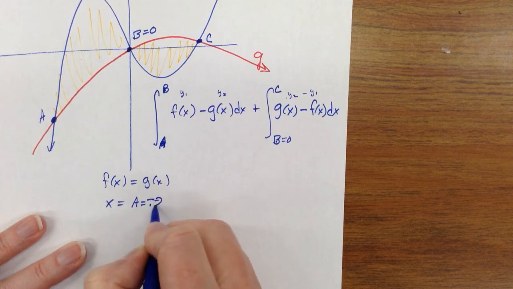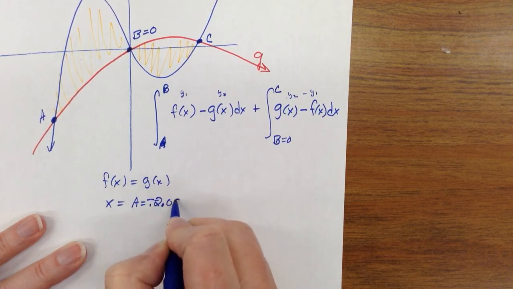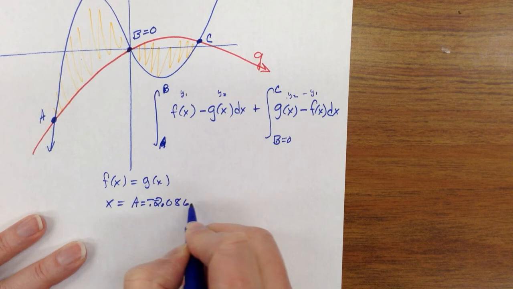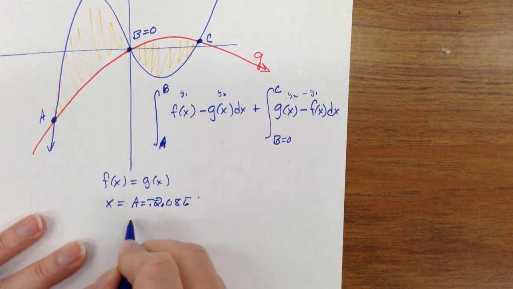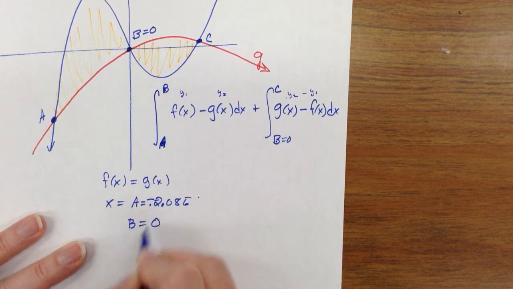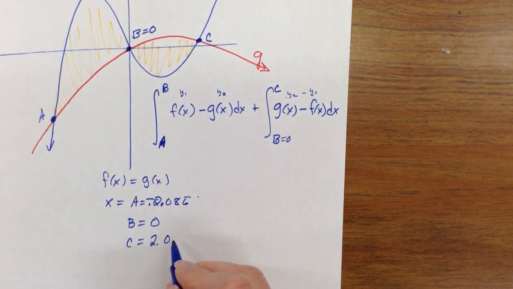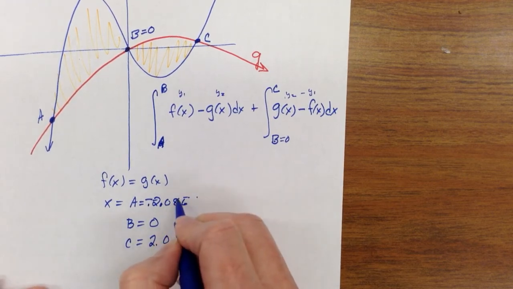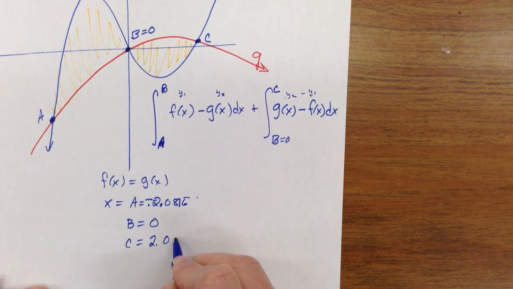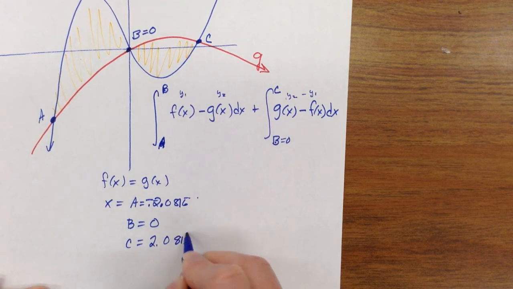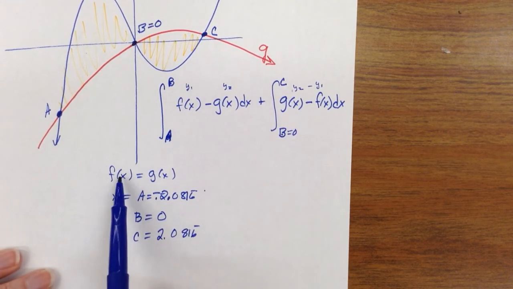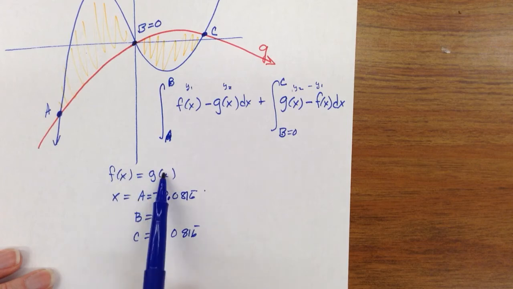It was negative 2.08, something repeating. And at B, which is 0, and at C, which was positive, whatever that one was, 2.0, what the heck was it? Alpha A, 0, there's a 1 in there, 16, 2.0816 repeating. So I'm showing whoever's grading this how I got these answers.